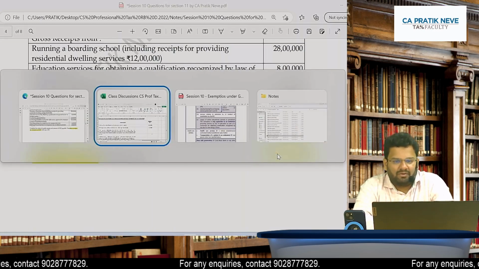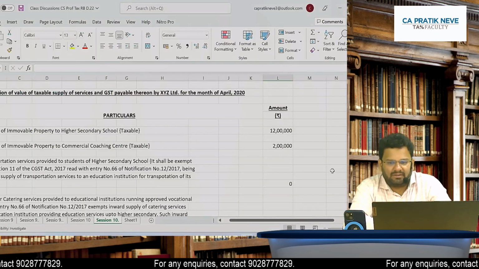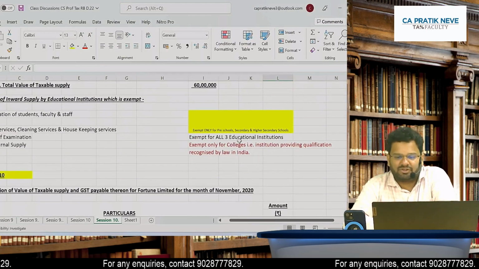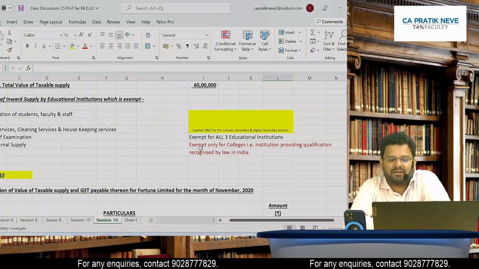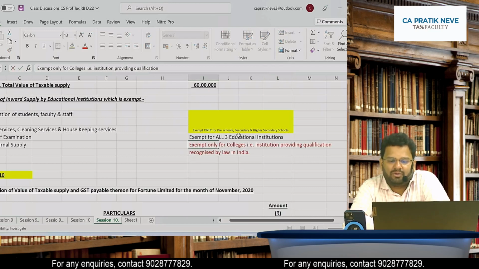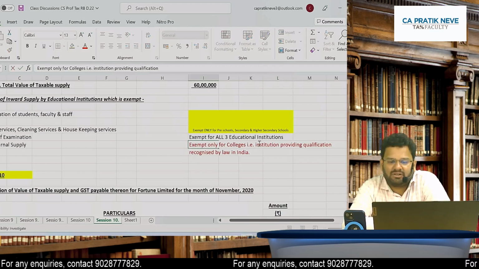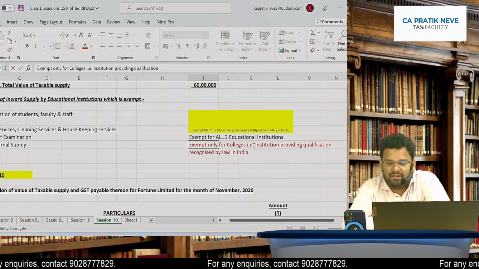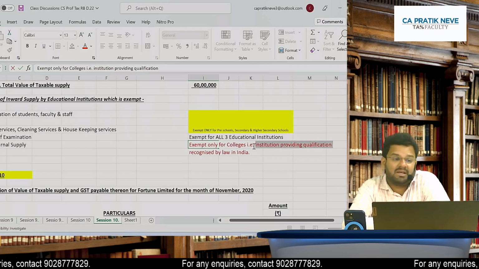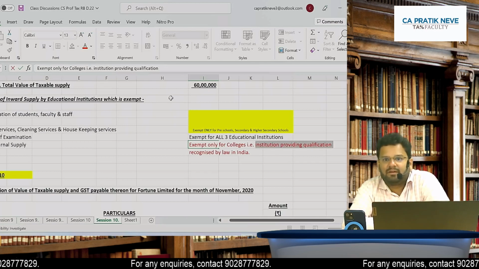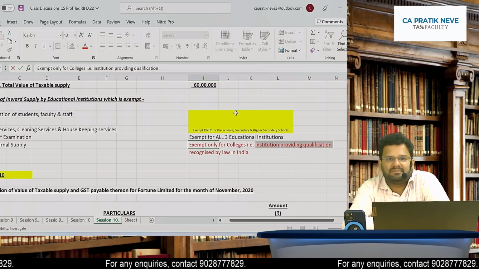Check whether ICSI would fall in this particular definition: institution providing qualification recognized by law in India. So is ICSI an institution which is providing qualification recognized by law in India? Answer is absolutely yes. So in my opinion, it should be exempt. Clear?